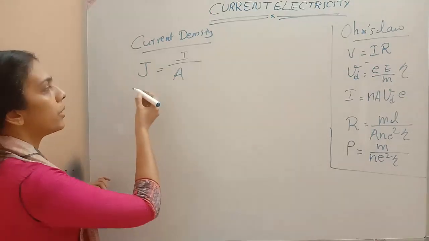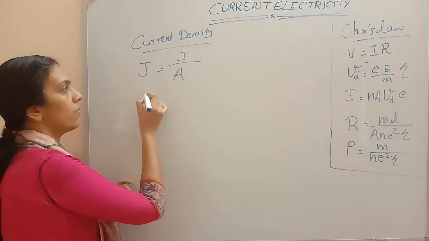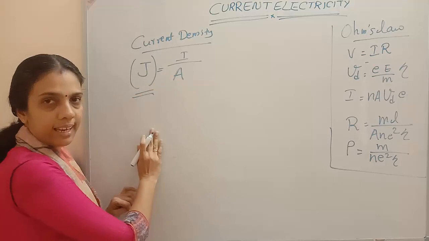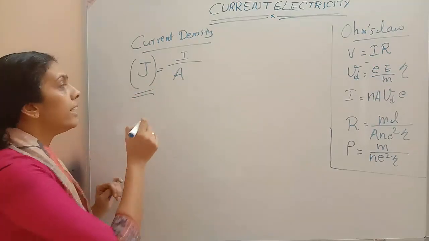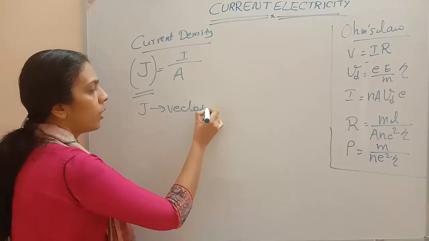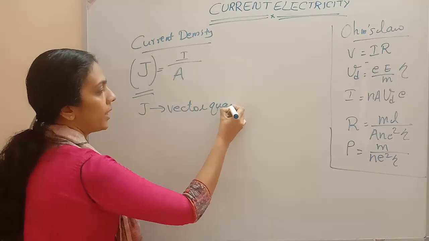Is current density a vector or a scalar quantity? Current density is a vector quantity.